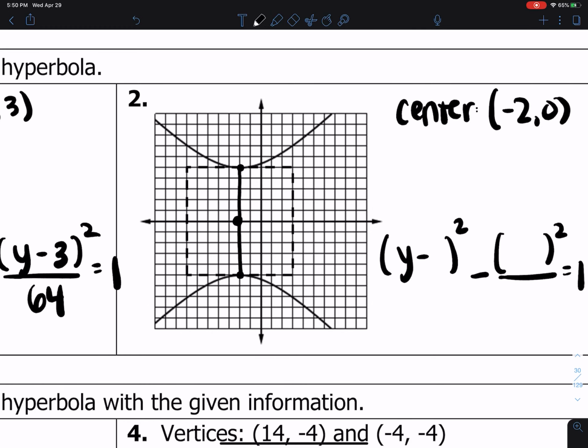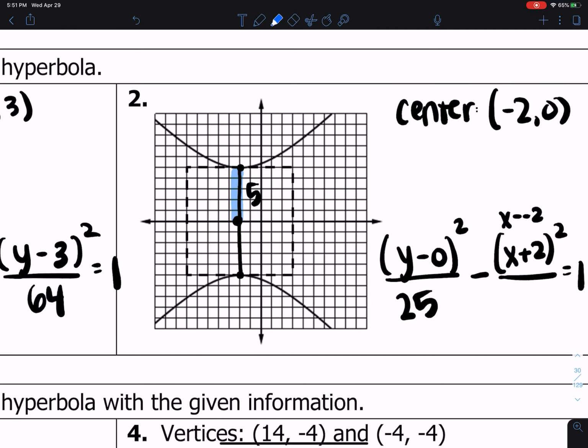So we have y minus 0, or we can just write y squared, and then we have x plus 2, because this is like x minus -2. Then we need the distance from the center to a vertex. So this is 5, and that's A. So 5 squared is 25.